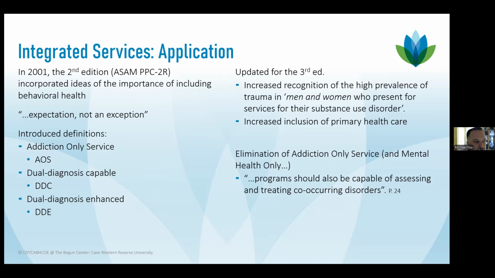I think equally important with that part of the tool, this is my take on this, but equally important with that was their description, which started in the second edition and then they updated it in the third edition, where they identified program readiness to provide care to folks with co-occurring needs.